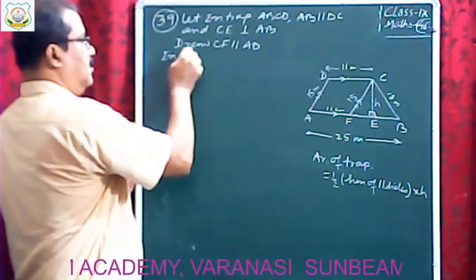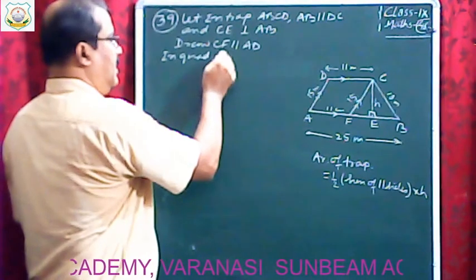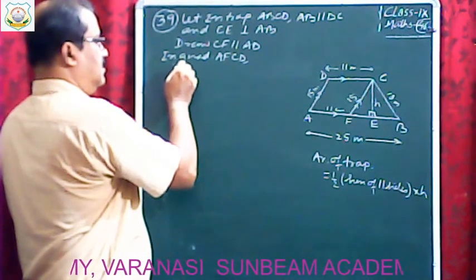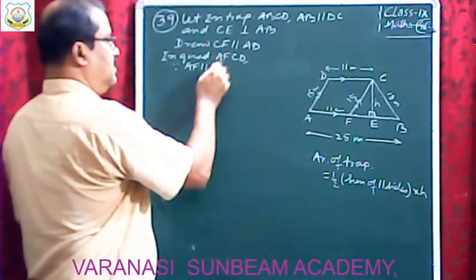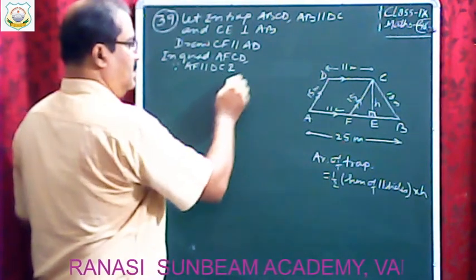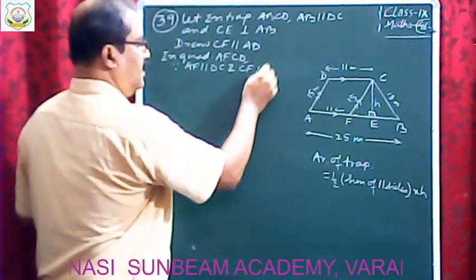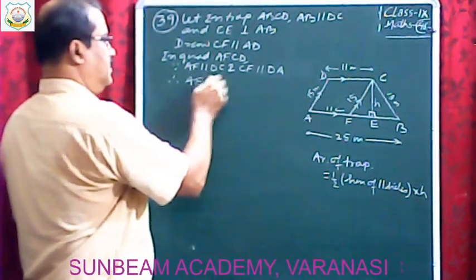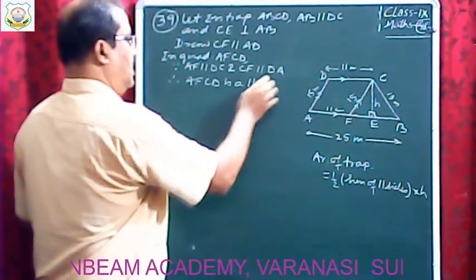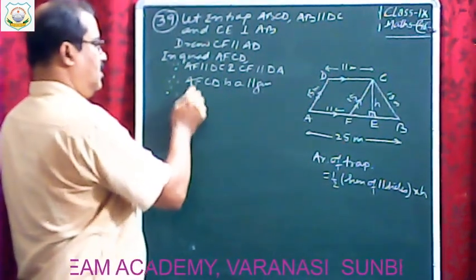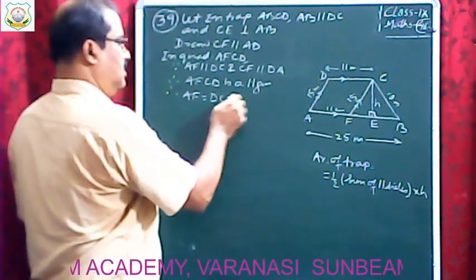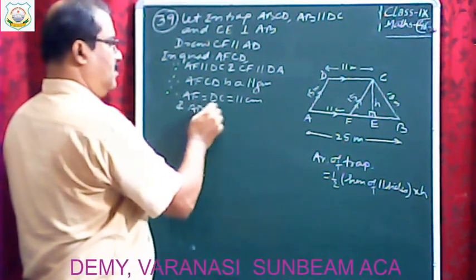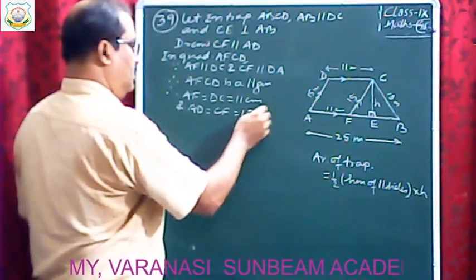In quadrilateral AFCD, since AF parallel to DC and CF parallel to DA, so therefore AFCD is a parallelogram. So therefore AF equal to DC equal to 11 meter and AD equal to CF equal to 15 meter.